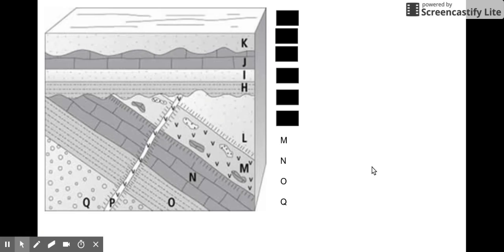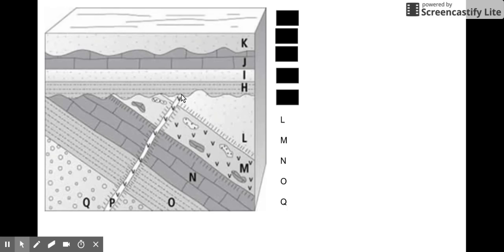Next one, L, same deal. P is on top of it, so L has to be older. I know on this next one, what's on top of L? Well, we have P and we have H. P stops. It doesn't go up to the next level. So we have to sit and think, which one's going to be older, P or H that's on top of it?